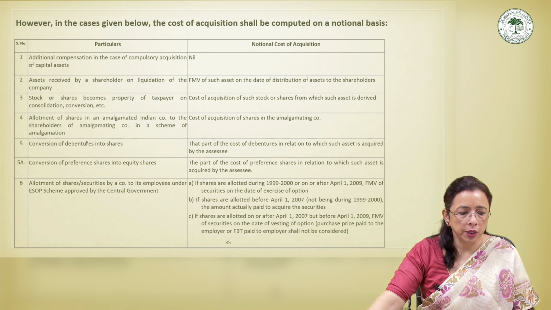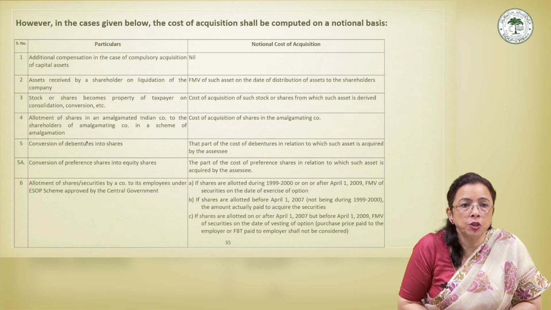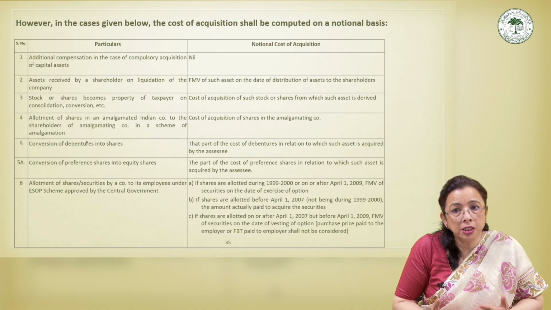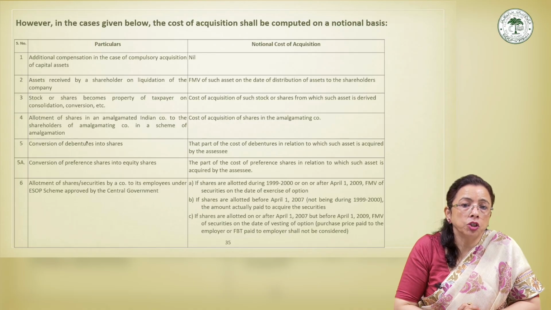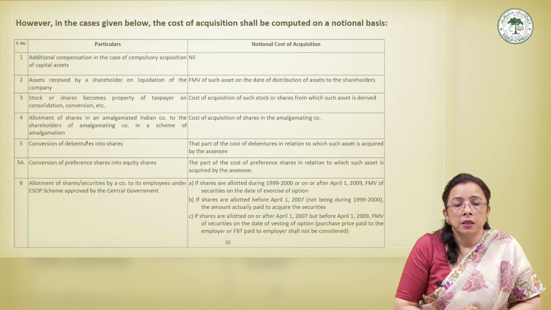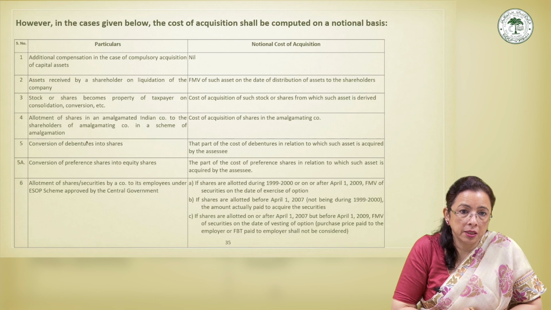Coming to the next one, conversion of preference shares into equity shares. Similar to the debenture conversion, preference shares may also be converted into equity shares. In such cases, the cost of acquisition of the resulting equity shares shall be the corresponding part of the cost of the original preference shares.